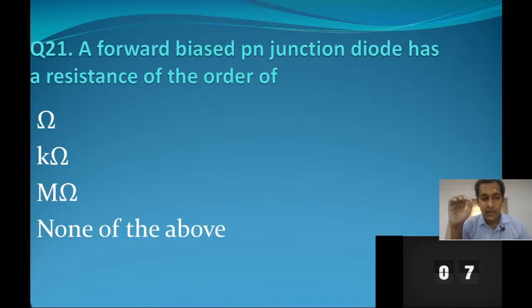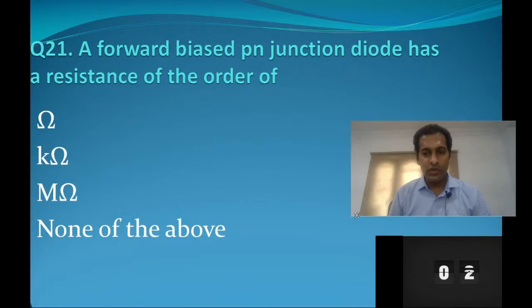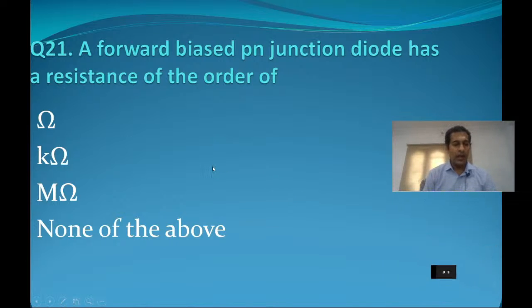Forward bias means when it is on. In the on condition, what happens? You have to guess the answer. So what should be the answer? Your timer ends now. The answer is ohms. The value is in terms of ohms. So let us move to the next question.